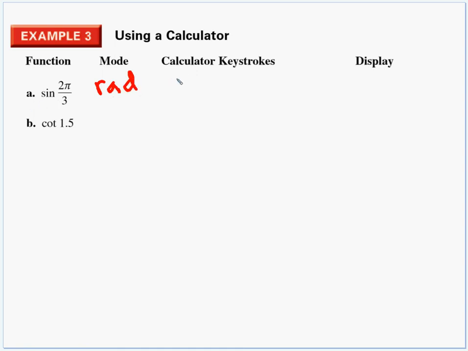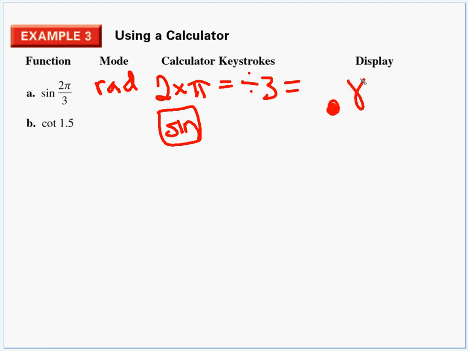And depending on the calculator, a TI-30, I would do 2 times pi equals divided by 3 equals, and then I would hit the sine key, making sure I'm in rad mode, and my display gives me 0.8660254. A lot of times you see these rounded to 4 spots, so just 0.866 would work just fine.